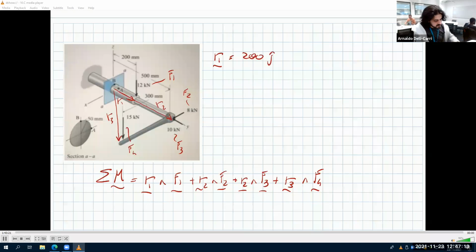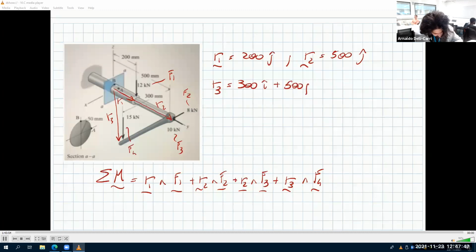Okay. R2 is 500j. R3 is, I believe, exactly in the xy plane, so there is no z, and it's 300i plus 500j.